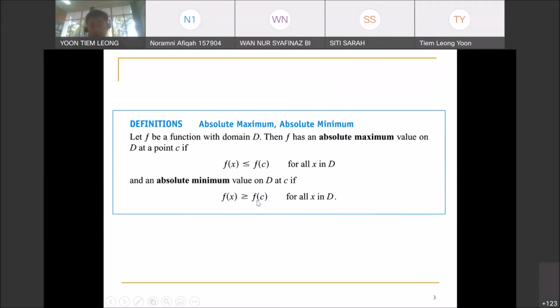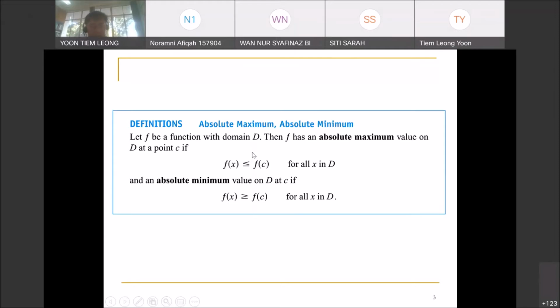Therefore, by definition, all points on the constant function are an absolute minimum. At the same time, all the values of the constant function are larger than or equal to the constant, and in this case it's equal, so it also fulfills these conditions.